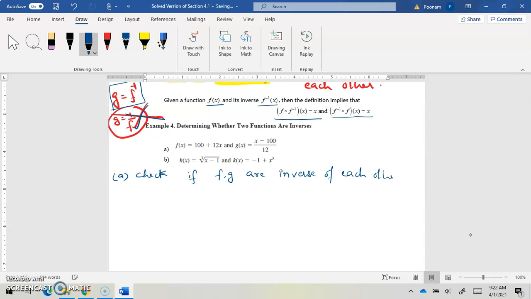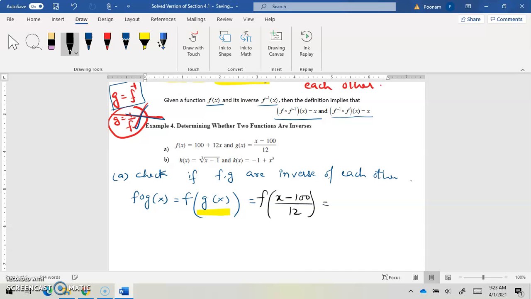What is the condition? f of g of x should be equal to x. Let's find f of g of x. So we always work inside out. So we have to write g of x first. Leave f as is. g of x is (x minus 100) by 12. Now apply f on it.